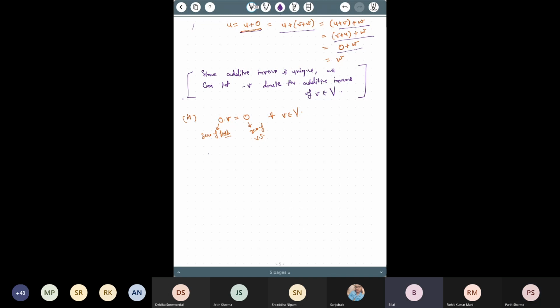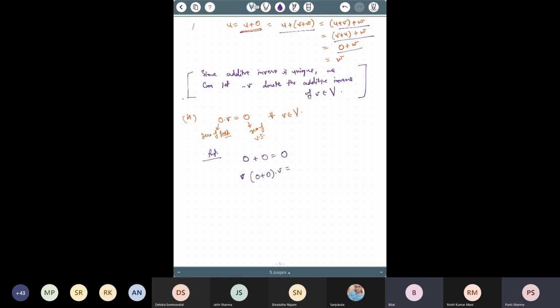0 plus 0 equals 0. Pre-multiply 0 into 0. So what you're saying is 0 plus 0 equals 0. Let me write this: 0 plus 0 is equal to 0. Multiply both sides by v. So this is what you want to say, right?